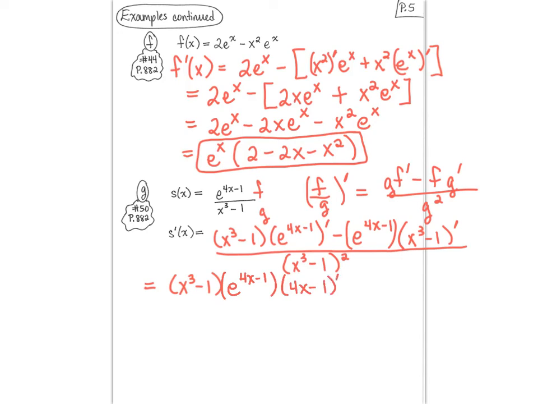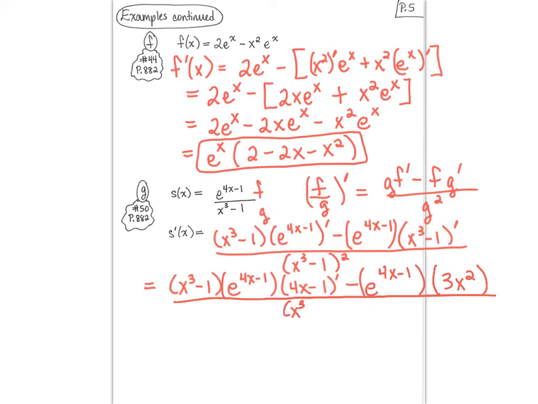So you can just write 4x minus 1 prime, or you can write 4, minus, as we're now on this portion here, e raised to the 4x minus 1 times 3x squared, because that's the derivative of x cubed. The derivative of 1 is 0, so that part goes away, all over x cubed.